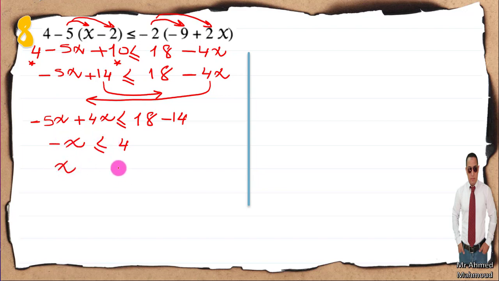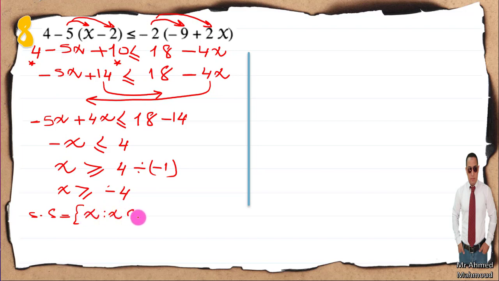So x, and here 4 divided by negative 1. The negative 1 comes from here. Negative x means negative 1x. Remember, when we divide by a negative, we change the direction. So x will be greater than or equal negative 4. So the solution set in Q: x such that x belongs to Q and x greater than or equal to -4.